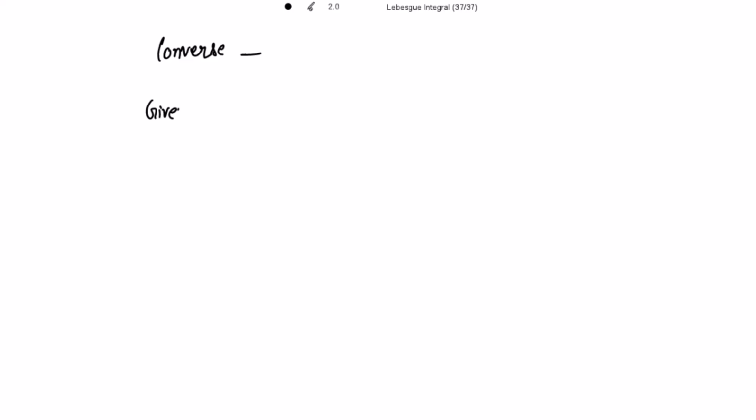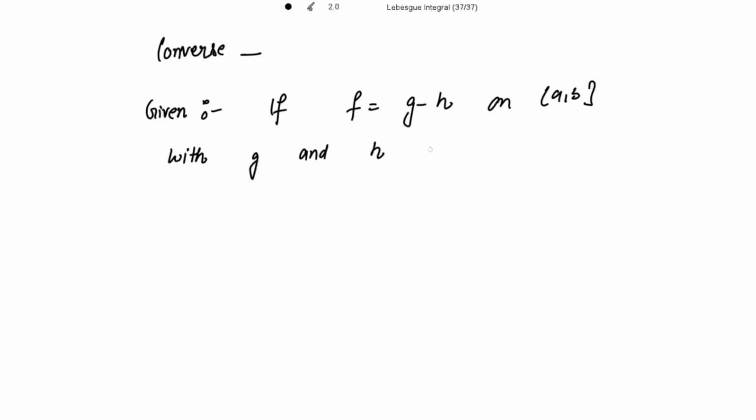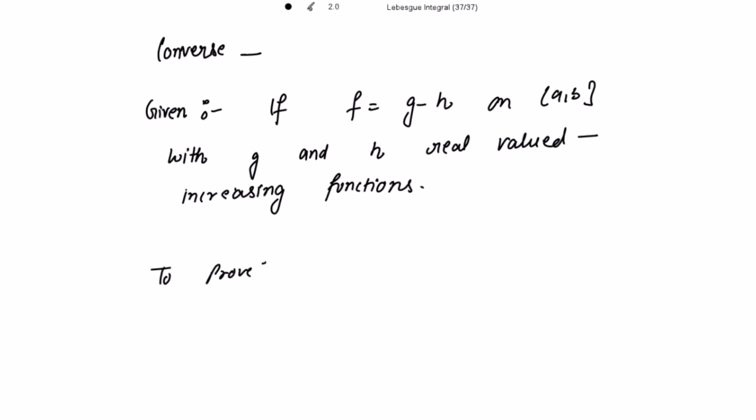What is given now? f equal to g minus h on closed interval [a,b], with g and h real valued increasing functions, and we need to prove that f is of bounded variation on closed interval [a,b].